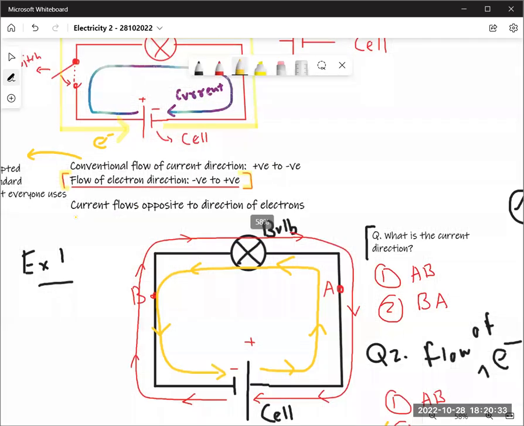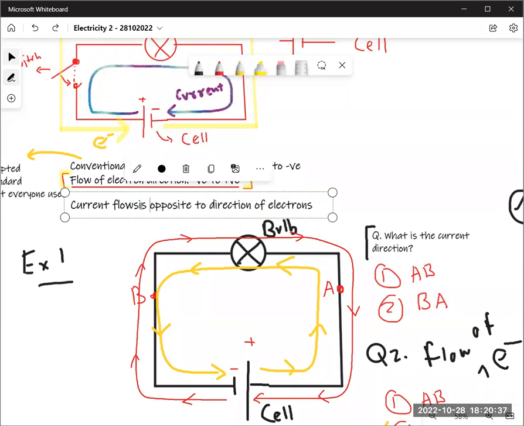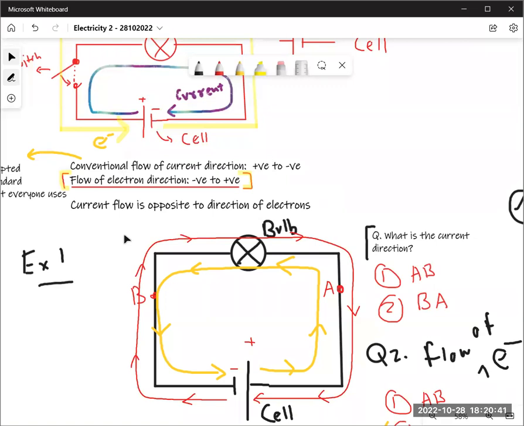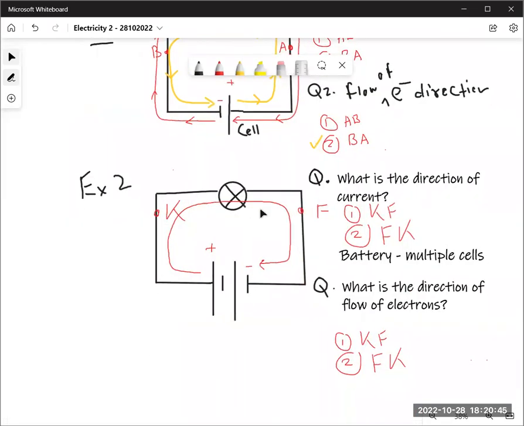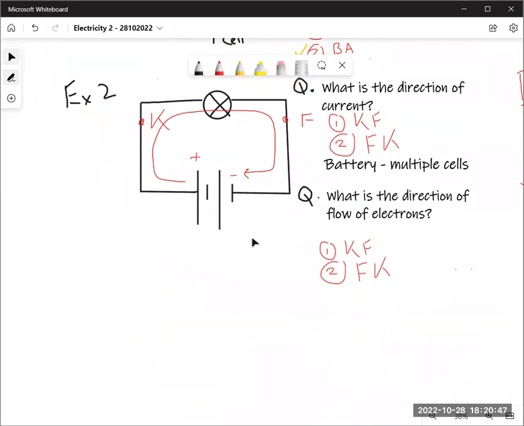The last line. The current flow is opposite direction of electrons. So if current flow is K, what will electrons be? It will be negative to positive like this. It will be FK.